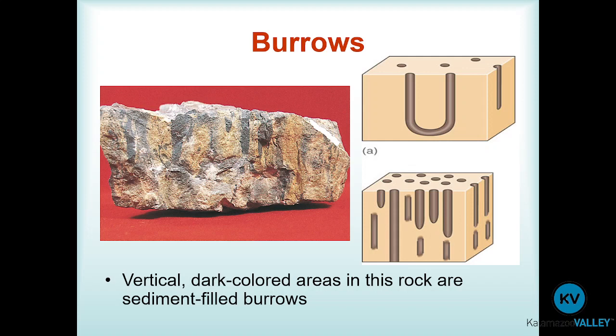But one way to tell the difference between them is to flip it over on the other side, and if on one side it looks like speckled spots, like in this block on the right hand side where you see from one view these tunnels are banding if you're looking at it two-dimensionally, but you flip it to the top and you see two-dimensionally just a bunch of dots, that's a good indication that those are indeed burrows rather than layers. If they were layers, you would see them all across the sides of that block.